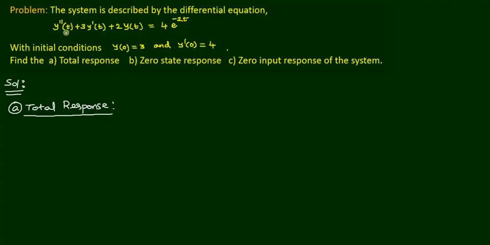So we transform the equation into the S domain using the differentiation property. Before that, we write the given equation in differential form: d square by dt square y of t plus 3 into d by dt of y of t plus 2 into y of t equals 4 into e power minus 2t.